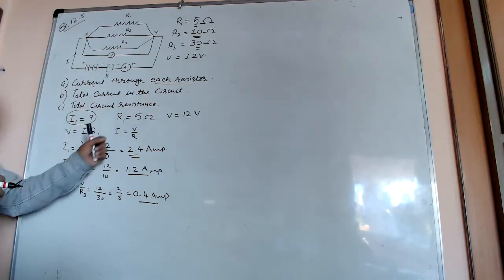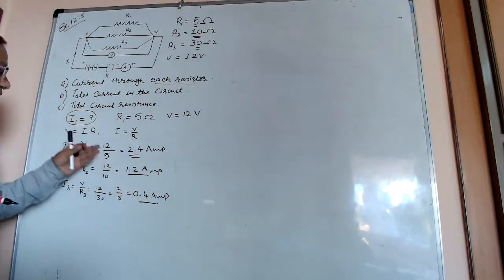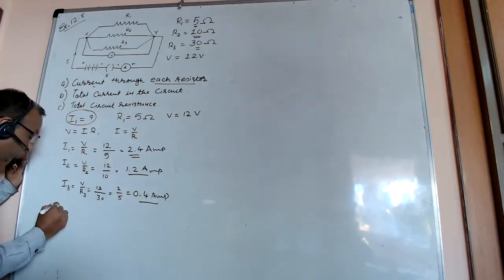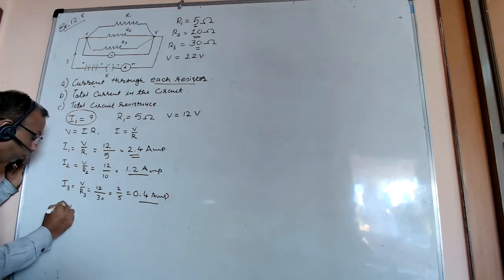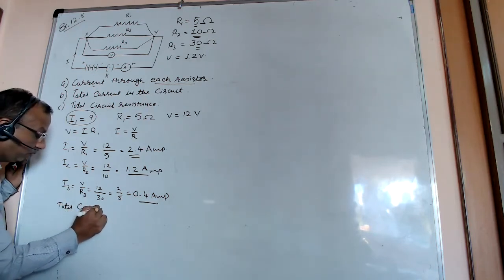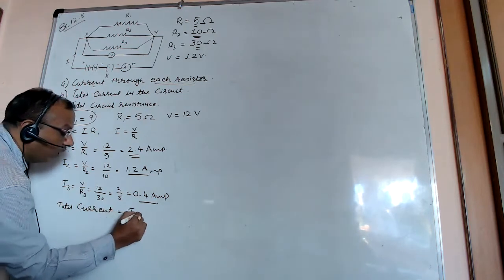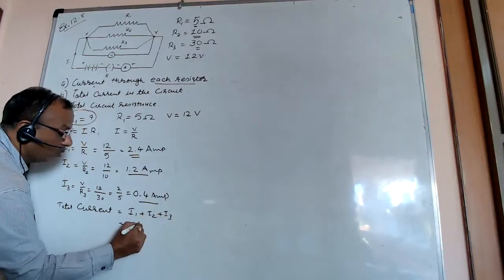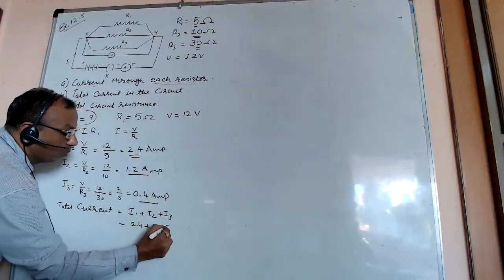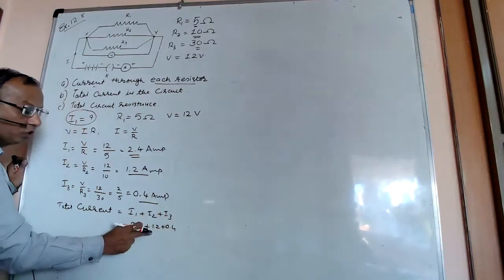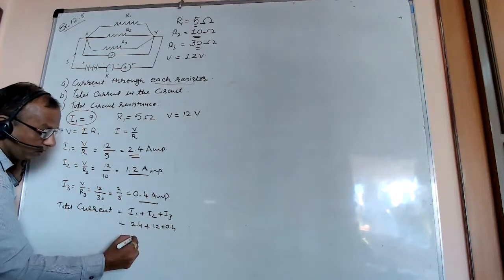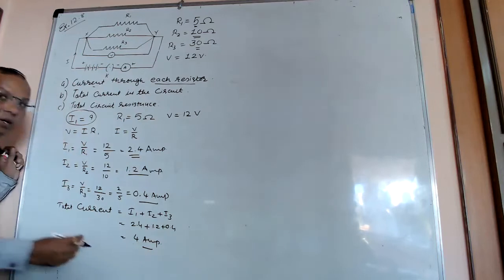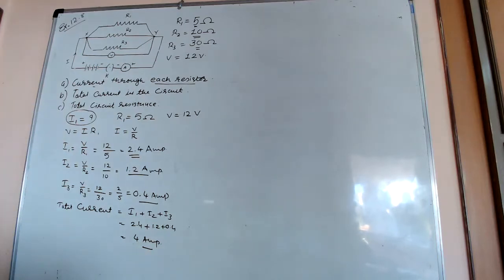So the total current is equal to I1 plus I2 plus I3. That is 2.4 plus 1.2 plus 0.4. 2 plus 1 is 3, 3 plus 1 is 4. The answer is 4 ampere. So this is the total current we obtained.